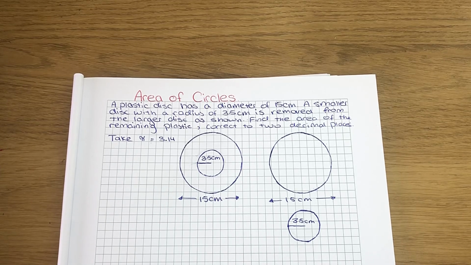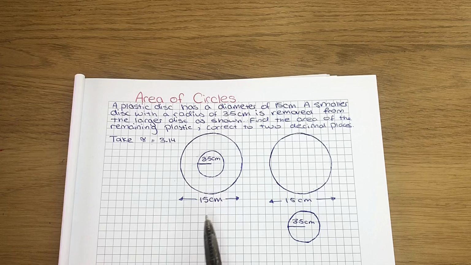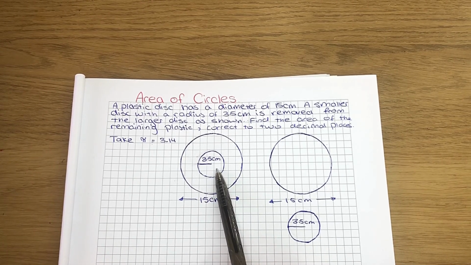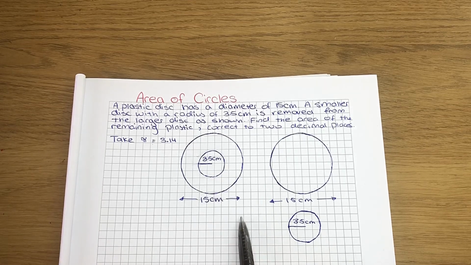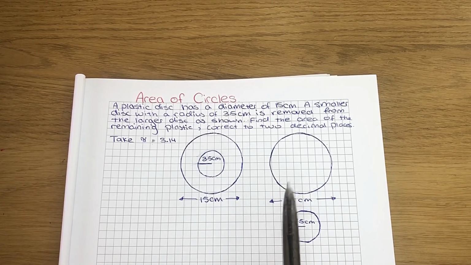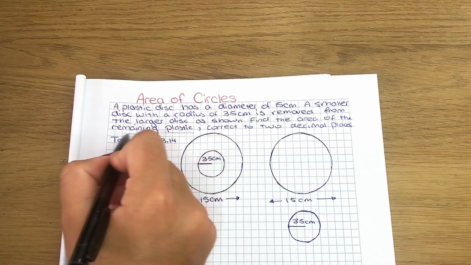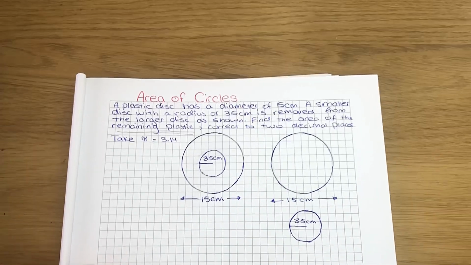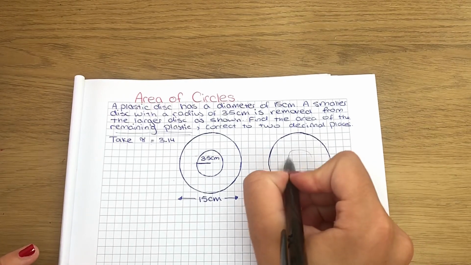Now, firstly, how do we begin this question? What is this question even asking for? Well, it tells us that there are 2 plastic discs, a larger one and a smaller one. The smaller one is removed from the bigger disc. But what they're asking is to find the remaining plastic. What they're referring to is not where the disc was.